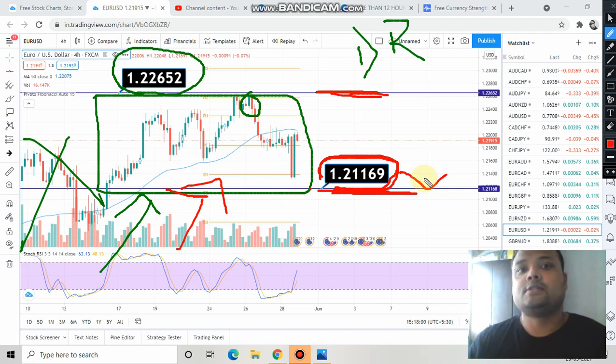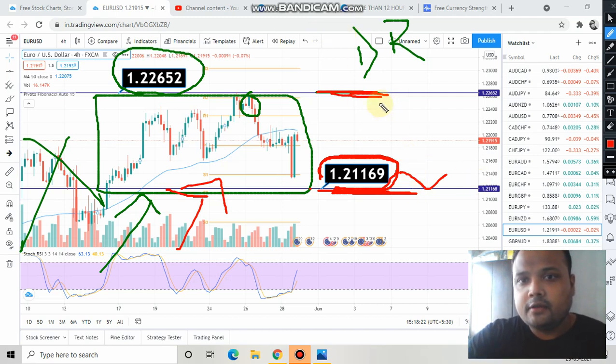That is my request, because this is the market. Traders like us, we do not determine the direction of the market. The big players, the big boys, they determine the direction. So never ever risk your hard-earned money fully, always risk 2%, maximum 5% if you're very sure, not more than that.